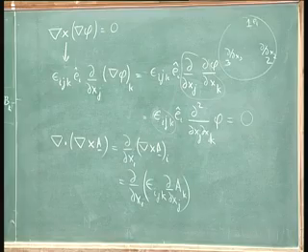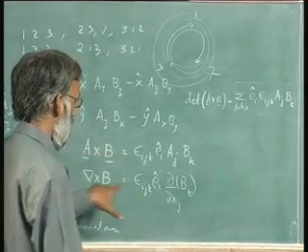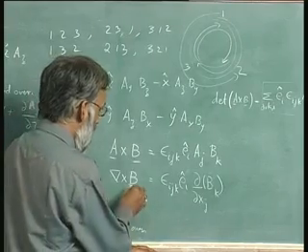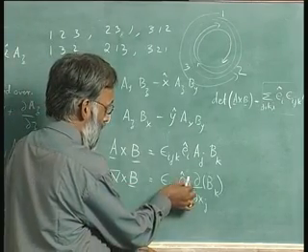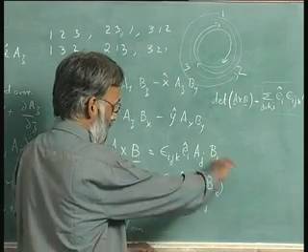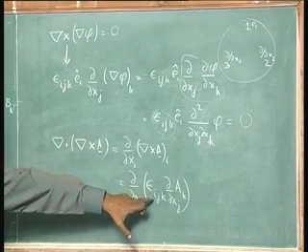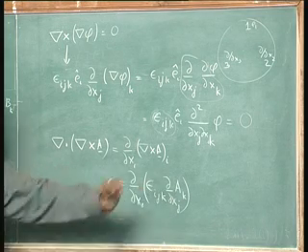Why? Because if you go back here, this is the definition of curl. Now, if I want the ith component, it is whatever is multiplying e i. So, I remove the e i and the rest of it is the ith component, which is what I have written, epsilon i j k del del x j A k.